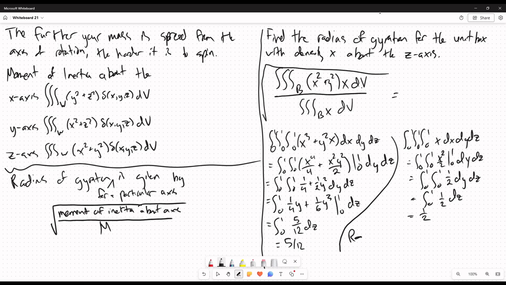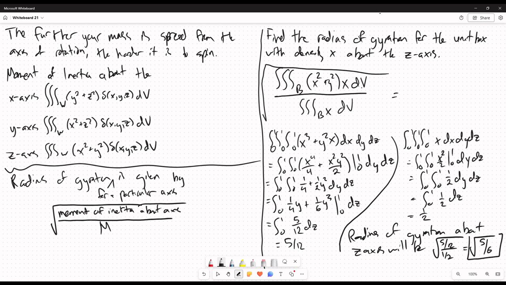So the radius of gyration about the z-axis will be just the square root of 5/12 over 1/2, which, if you simplify, will be the square root of 5/6. That would be the radius of gyration.